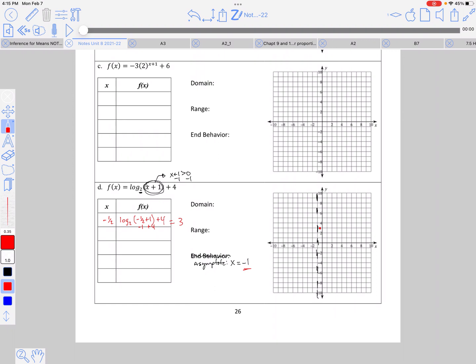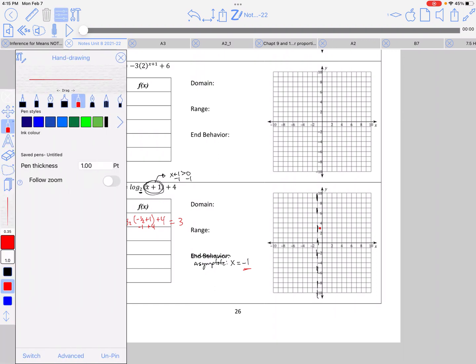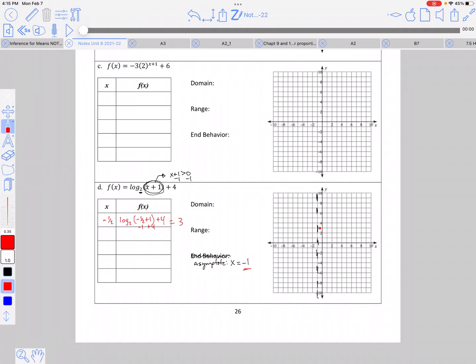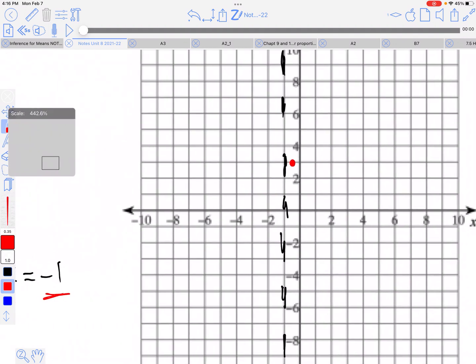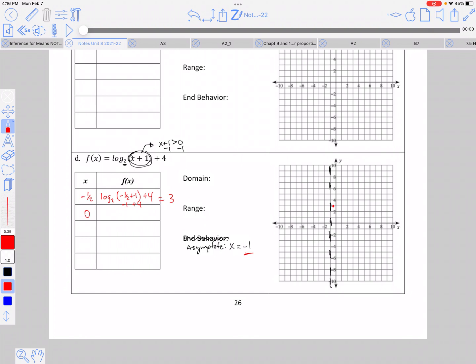Okay, now I can't plug in anything to the left of -1, it's restricted, right? So I'm going to use 0. So if you kind of look, -1/2, 0 is going to be the next one. So log base 2 of 0 plus 1 plus 4, so 0 plus 1 is 1.